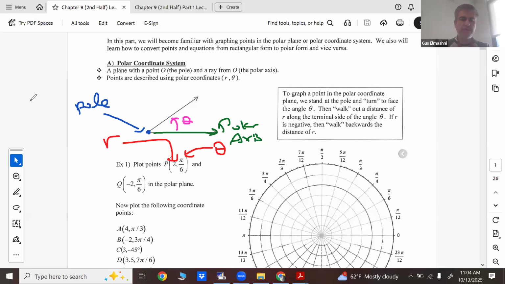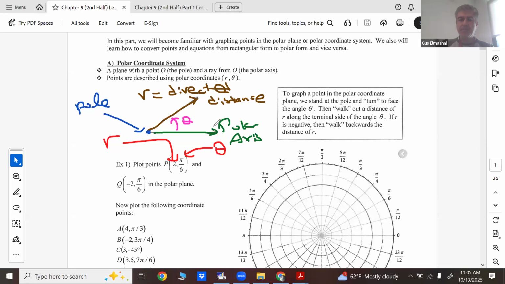And then this right here is r, the directed distance. Yeah, directed distance. That's what it says in my notes. It's the distance you travel.